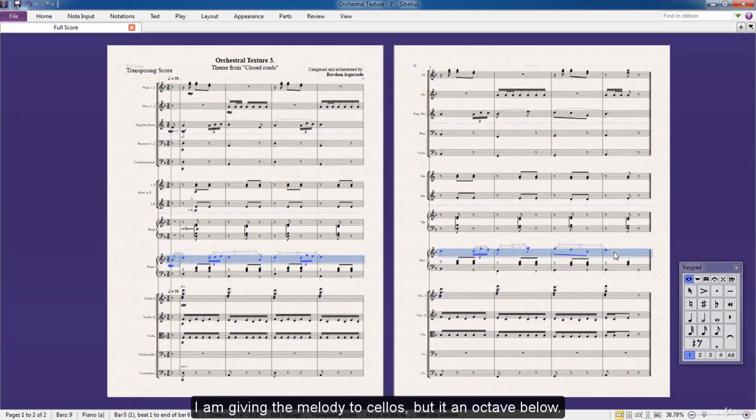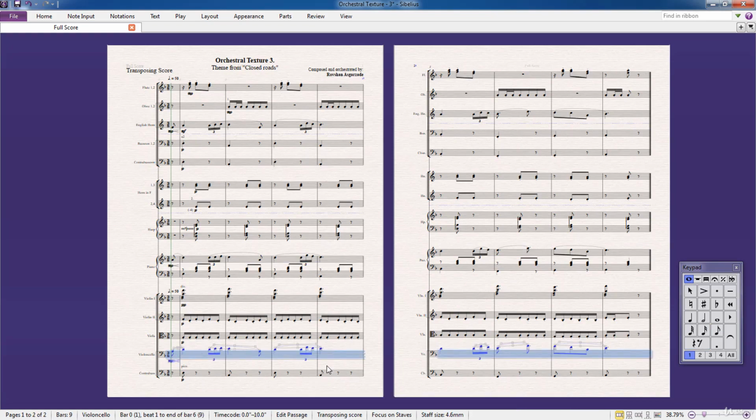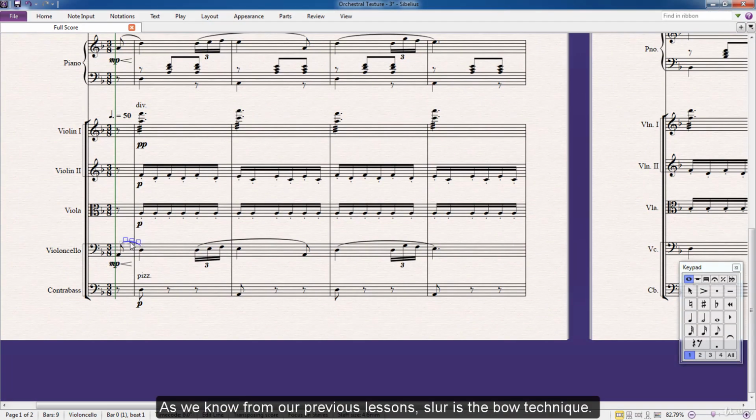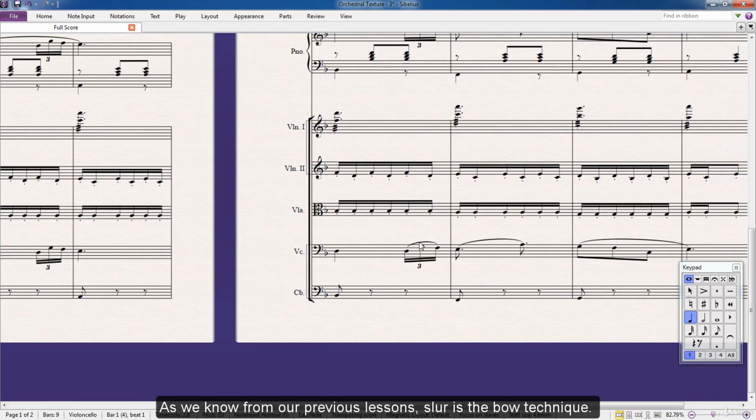I'm giving the melody to cellos, but an octave below. I have to change the slur above the notes. As we know from our previous lessons, slur is a bow technique.